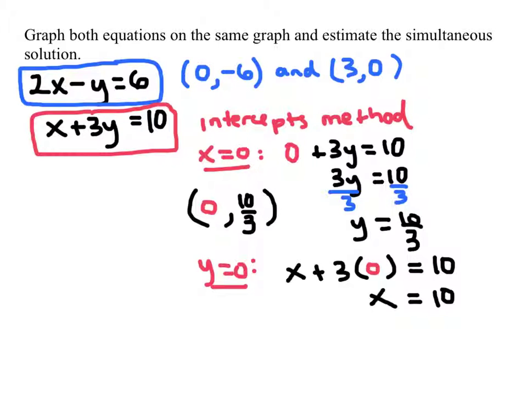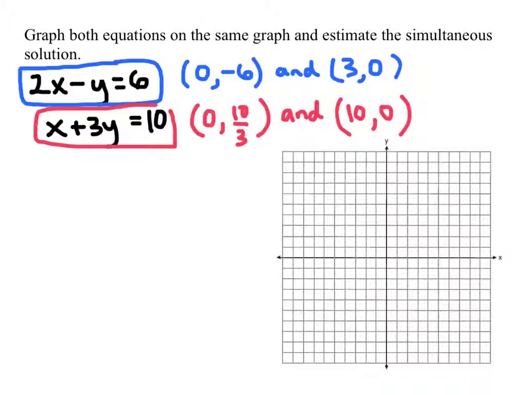So the ordered pair I'll be looking at, our x comes first, and our y comes second, so 10 comma 0. The intercepts would be 0 comma 10 thirds and 10 comma 0 for the linear equation x plus 3y equals 10. So now we're ready to graph.